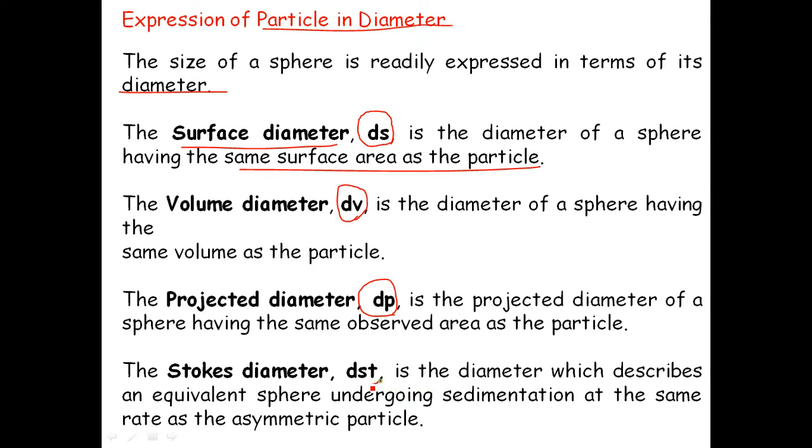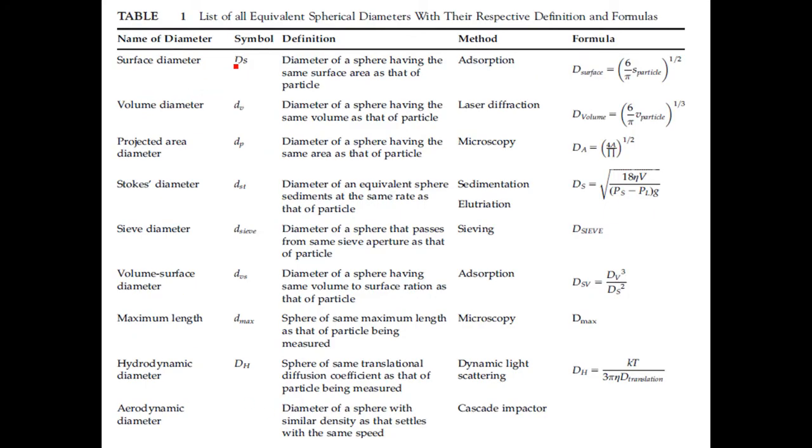The Stokes diameter, denoted as dst, is the diameter which describes an equivalent sphere undergoing sedimentation at the same rate as the asymmetric particle. So this is the list of all equivalent spherical diameters with their respective definitions and formulas.